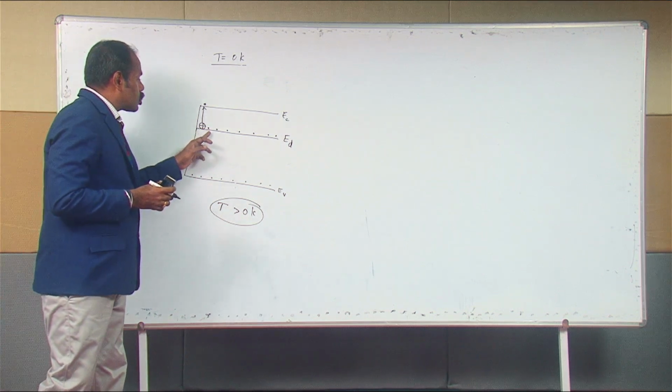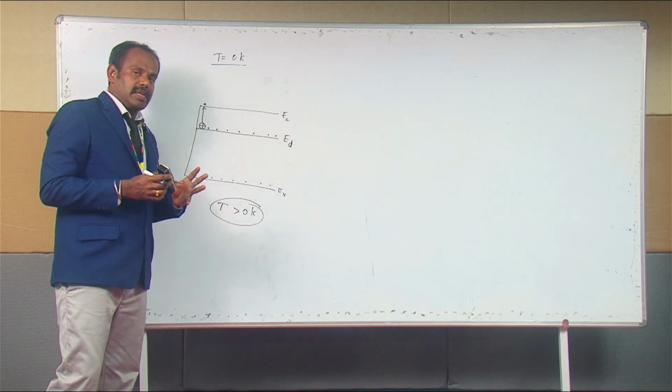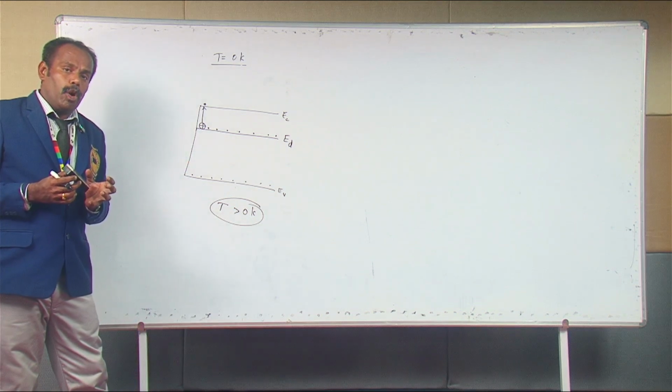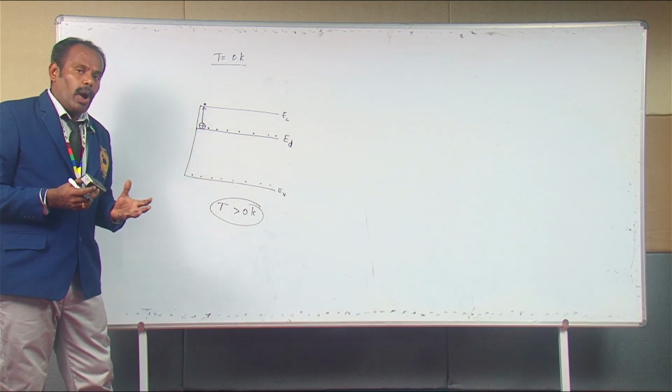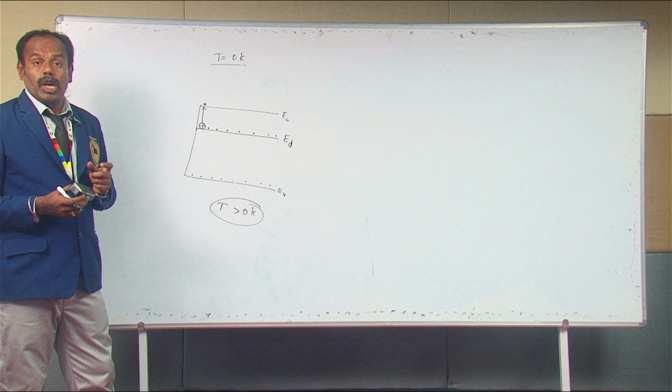Why? An electron is leaving out. If an electron is leaving out, it simply means that the atom is becoming more positively charged. When you have an atom which is more positively charged, you can claim it to be a positive ion.